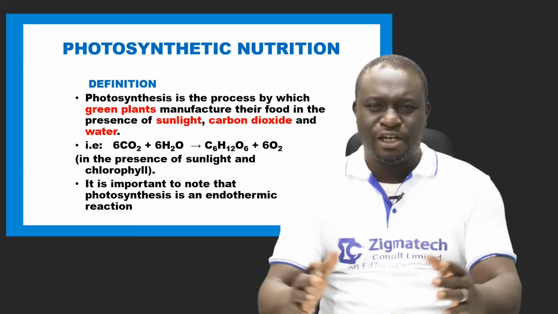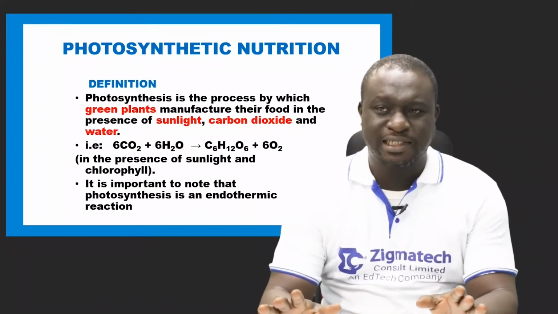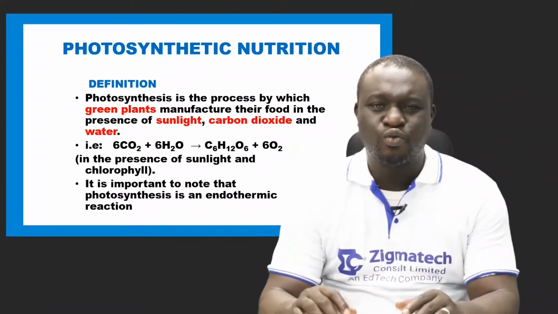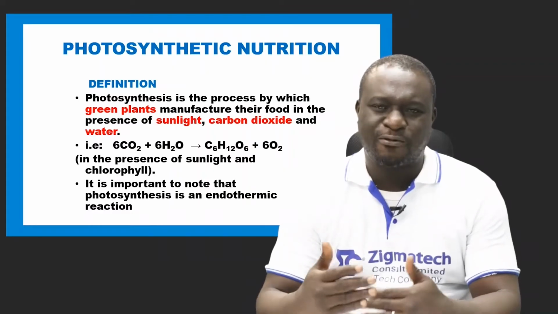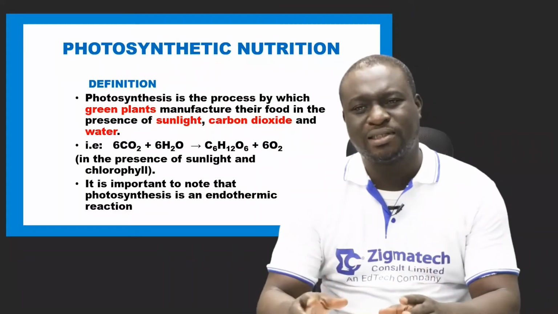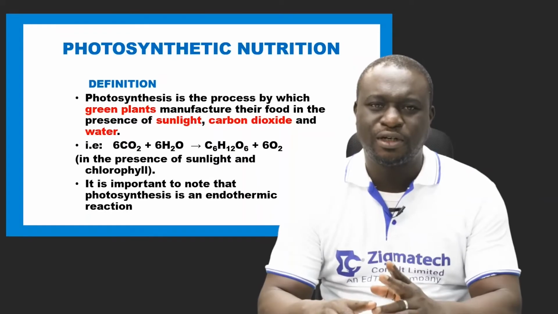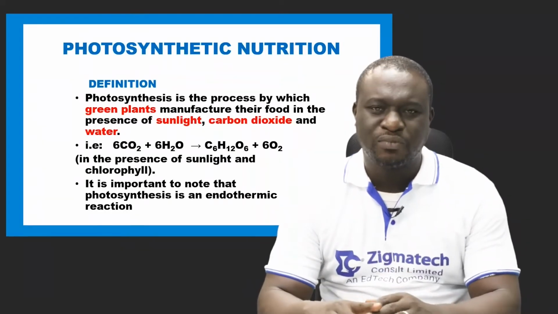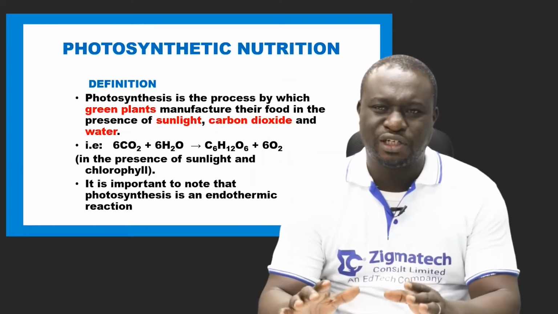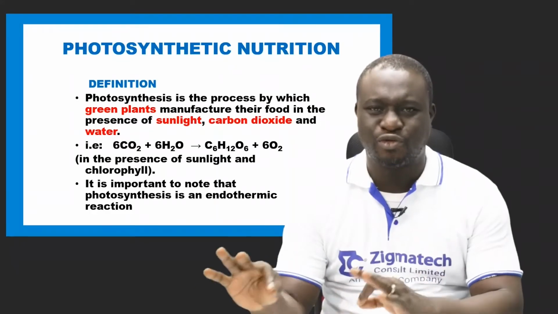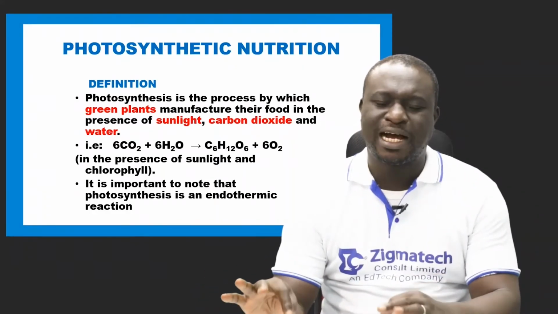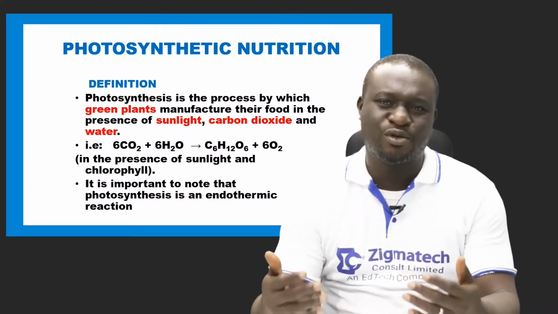Now, by definition, photosynthesis is the process by which green plants manufacture their food in the presence of sunlight, carbon dioxide, and water. If you look at the text we have on the screen, they are highlighted in red. Those words highlighted in red are keywords.